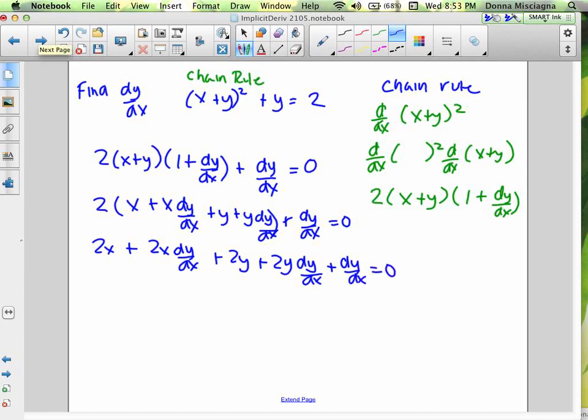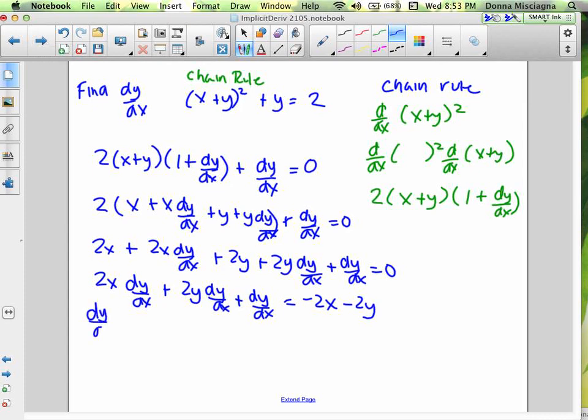We have more terms with dy dx's than without dy dx's, so we'll move the terms without the dy dx. So that gives us 2x dy dx plus 2y dy dx plus dy dx equals negative 2x. We'll subtract 2x, subtract 2y. Right, so we've got all the dy dx's on one side, which means now we can factor out dy dx. Right, and we factor out dy dx in the parentheses.